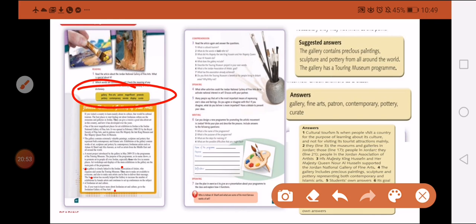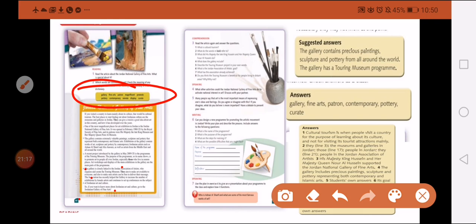Jordan National Gallery of Fine Arts. If you visited a country to learn mainly about its culture, that would be cultural tourism. Yes, أخذناه. إذا إحنا رحنا على بلد من أجل إنه إحنا نتعلم عن حضارتها، هذا النوع من السياحة شو اسمه، cultural tourism.